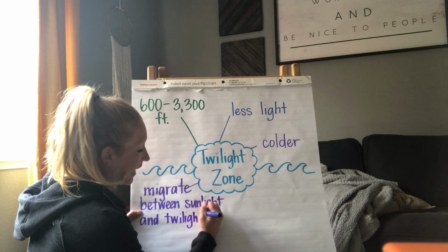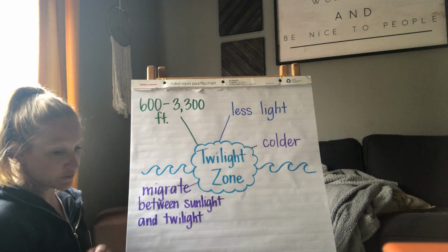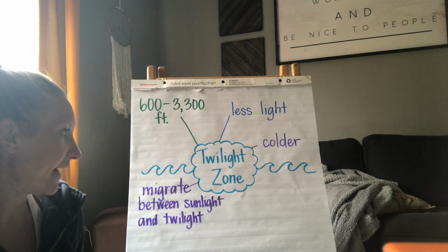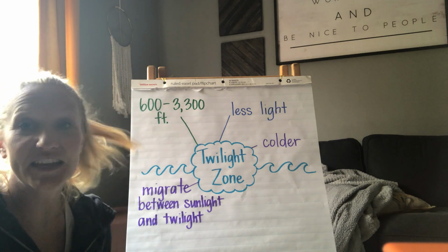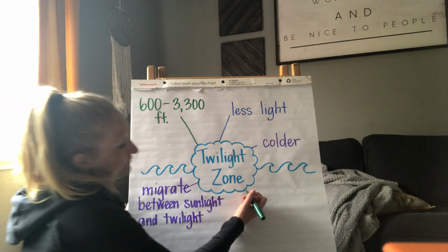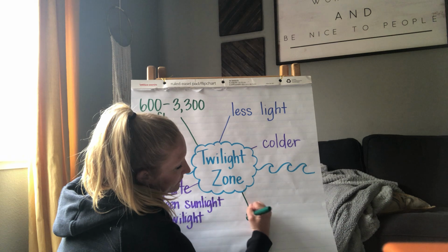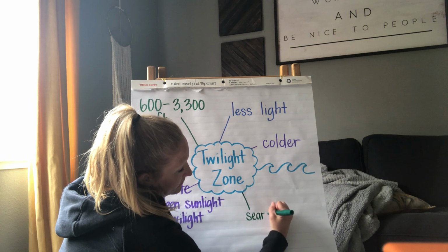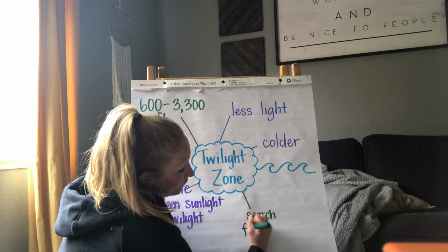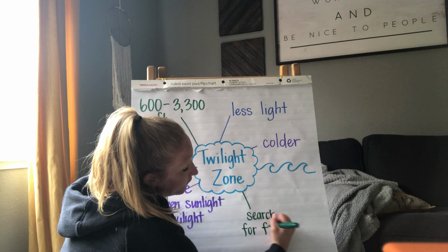And I didn't say animals, but hopefully you know that that's what that means. And then the other thing I wanted to write is they search for food there. Search for food.